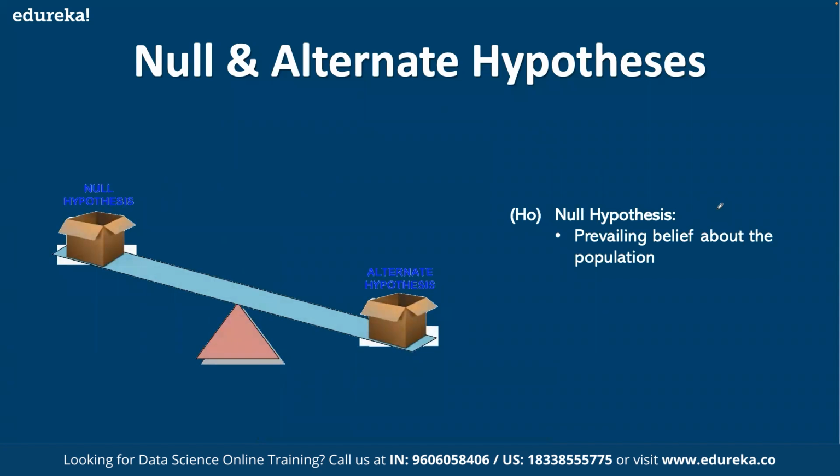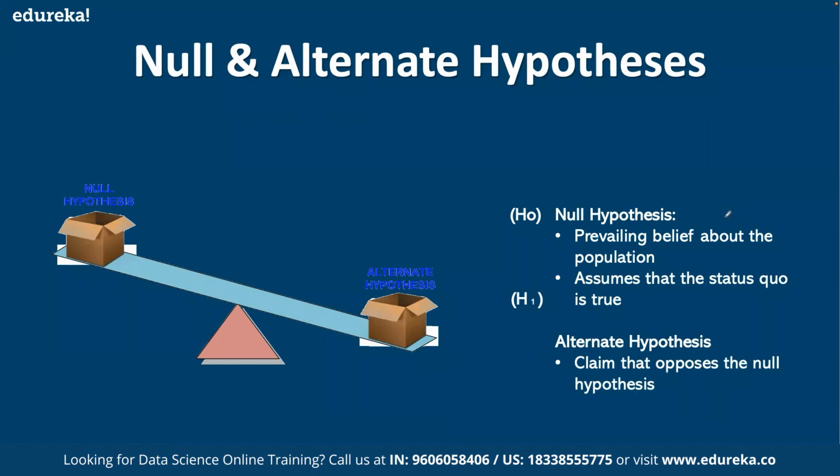The null hypothesis refers to the existing belief about a population, so we assume that the status quo is actually true. That's our assumption. And we have something called H1. We represent the alternate hypothesis with H1. This is a logically opposite statement of my null hypothesis.